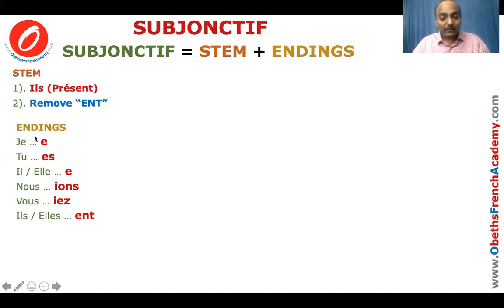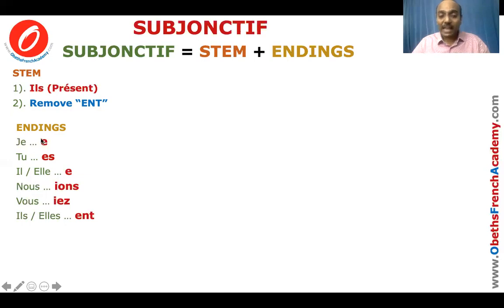Did you notice, my friends? For je and tu and il and elle and ILS and ELLES, the endings are E, ES, E, ENT. They look like present tense endings, regular ER verb present tense endings. For nous and vous, IONS and IEZ, they look like imparfait endings.